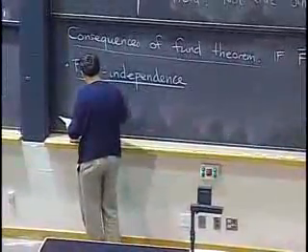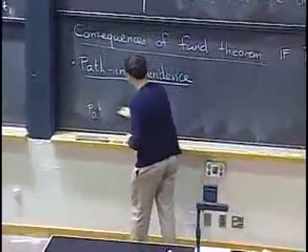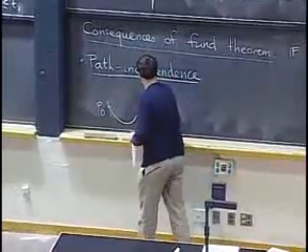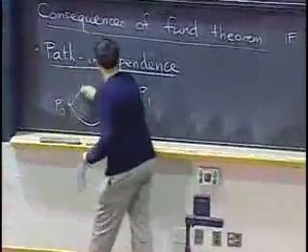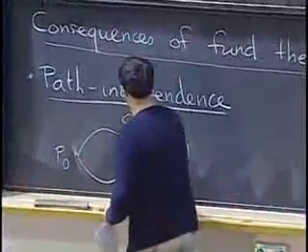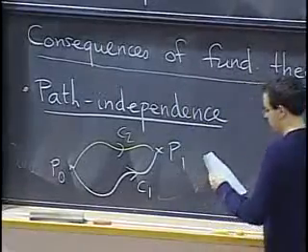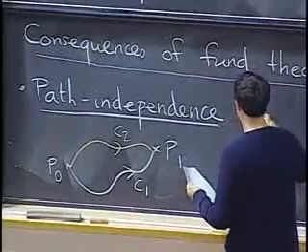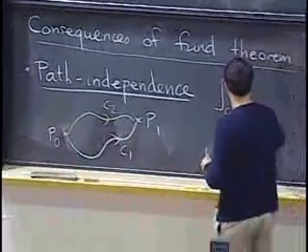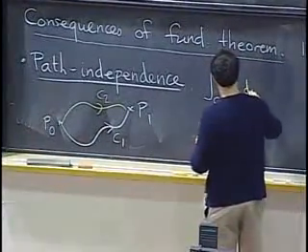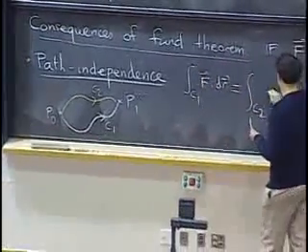So if I have a point P0, a point P1, and two different paths that go there, say C1 and C2, from the same point to the same point but in different ways, then the line integral along C1 is equal to the line integral along C2.